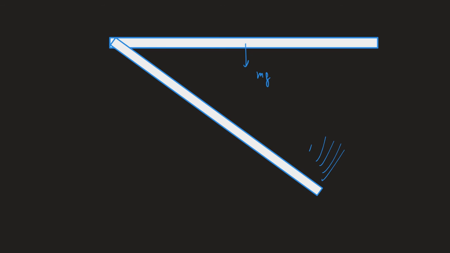Now, one thing that I want to remind you about is that the entire object has an angular velocity. Every piece of the object, being one whole specific object, has the same angular speed at every instant that it's moving. But different portions of the object have different linear velocities.